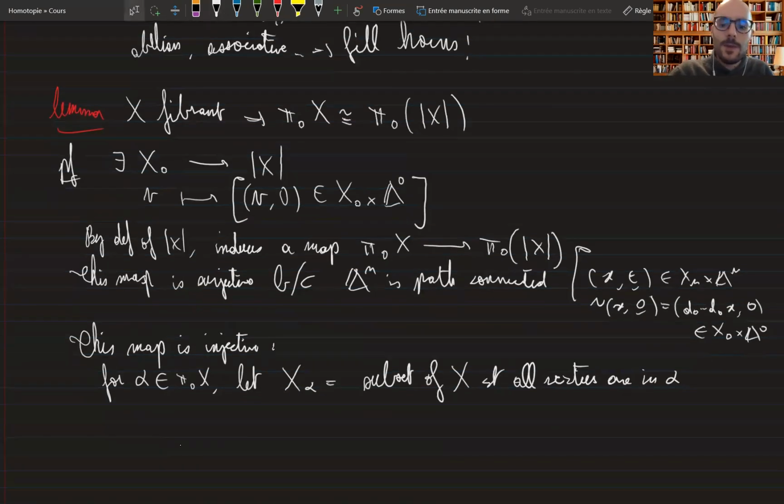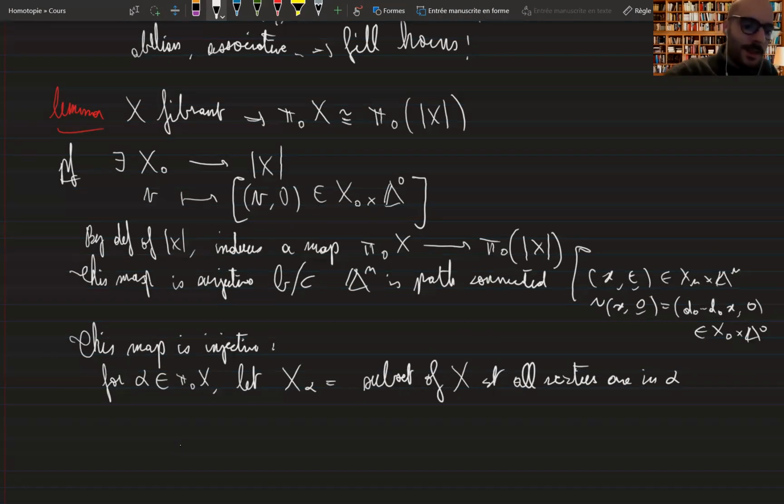So whenever you have a simplex in X, you can look at its vertices. You take iterated faces until you get to X_0, and you ask for this vertex to be in alpha, which is a subset of X_0, like the equivalence class of some element.